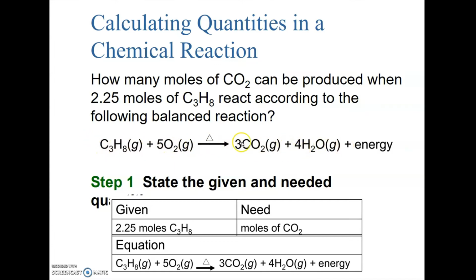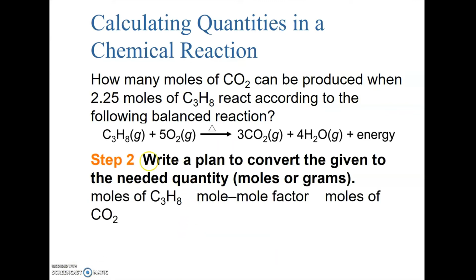These coefficients are used to balance the number of atoms that you have in the equation. If we have the balanced chemical equation, then we can start using the moles of C3H8 to relate it to the moles of CO2. After we make sure that the equation is balanced, we need to come up with a plan for how to do the problem.